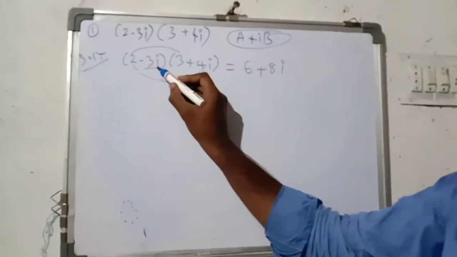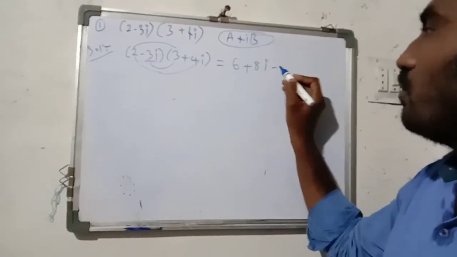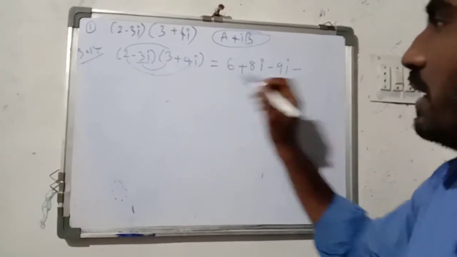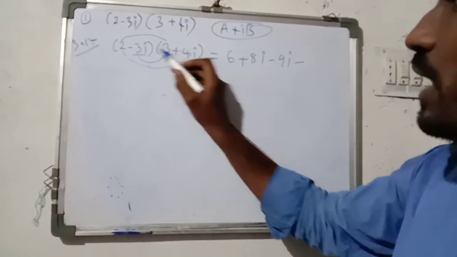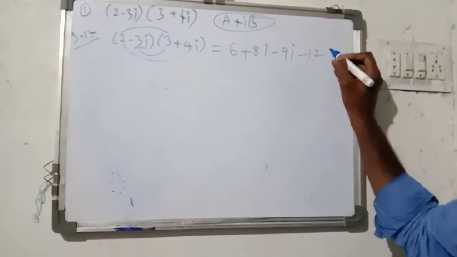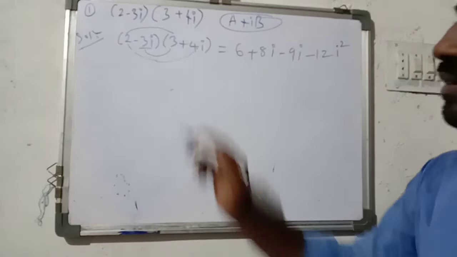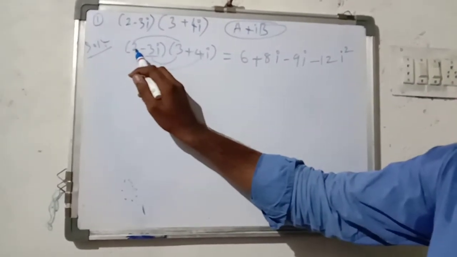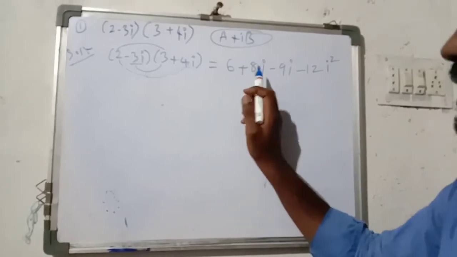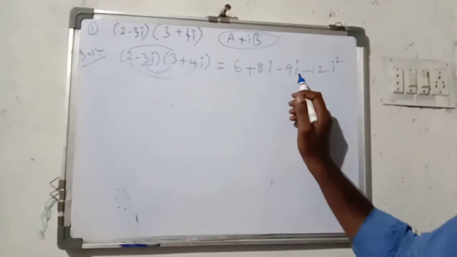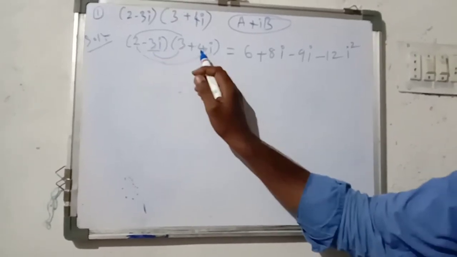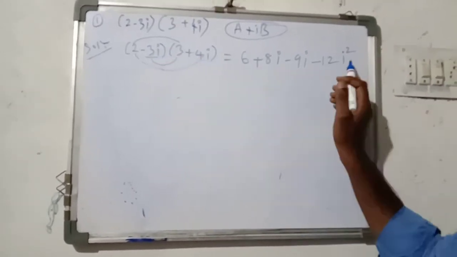Now multiply minus 3i with 3, that is minus 9i. Next, minus 3i into 4i, that is minus 3 into 4, which is minus 12, and i into i is i square.